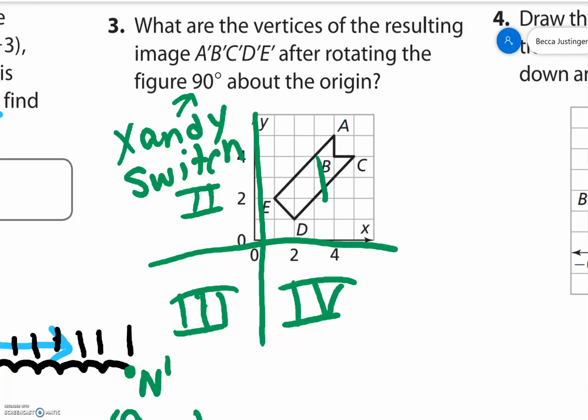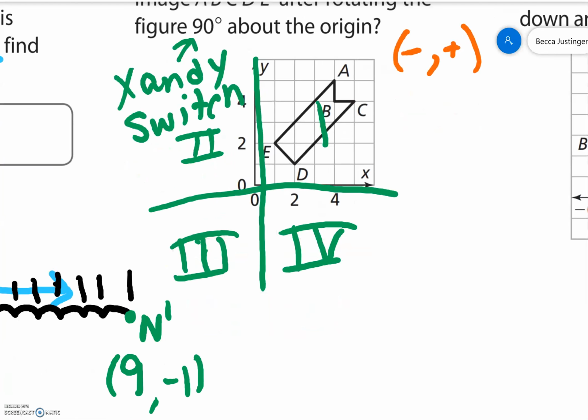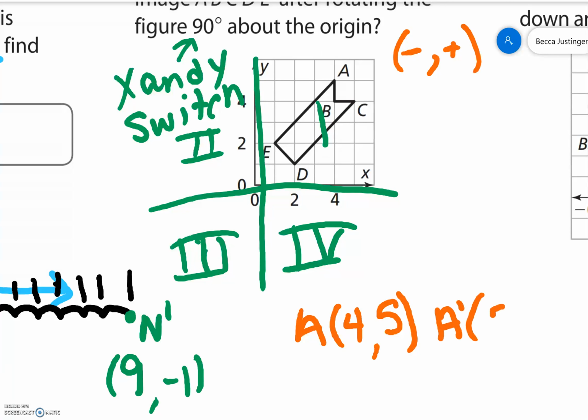And in the third quadrant, X is negative and Y is positive. So A right now is at the point 4, 5. So A prime is going to be, switching X and Y, 5, 4, but I know that the X value has to be negative.